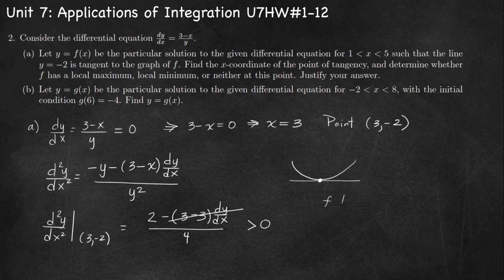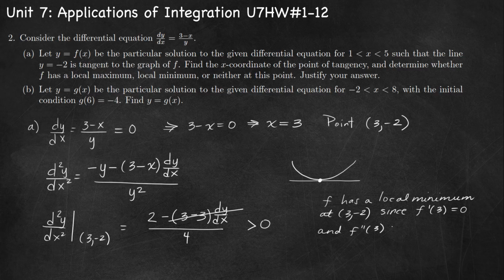So f has a local minimum at this point, 3, negative 2, since f prime of 3 equals 0 and f double prime of 3 is positive.